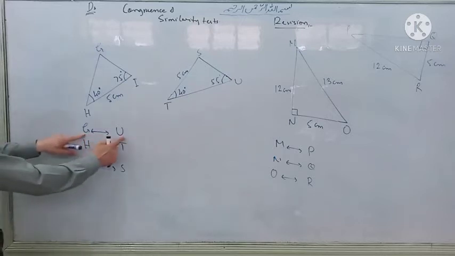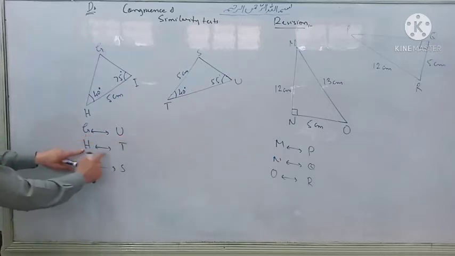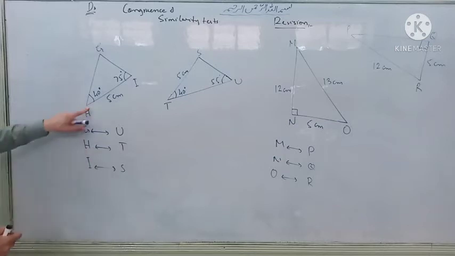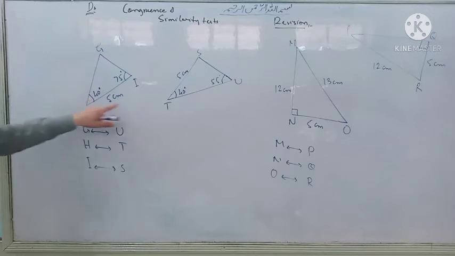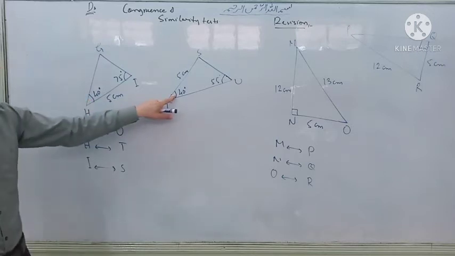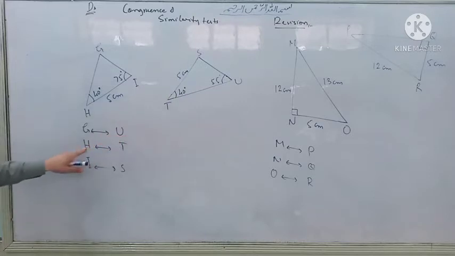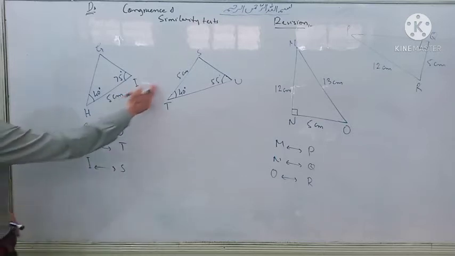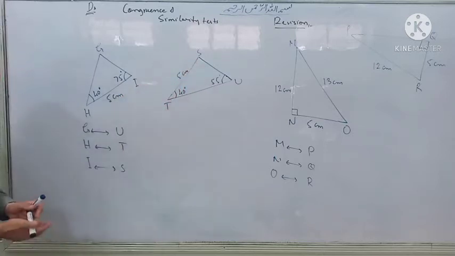Then H and T, because here on H there is 40 and here on T there is 40, right? So H and T are the corresponding vertices. And the third one is I and S, because I and S are the remaining corresponding vertices, right?